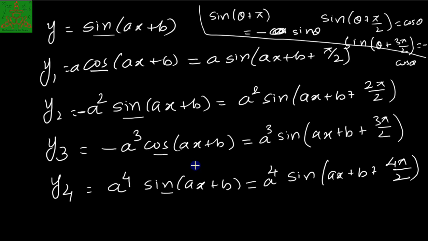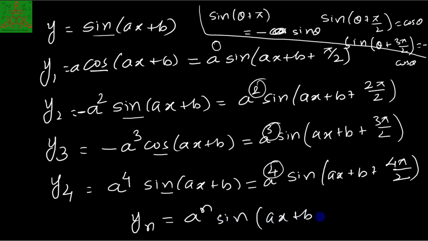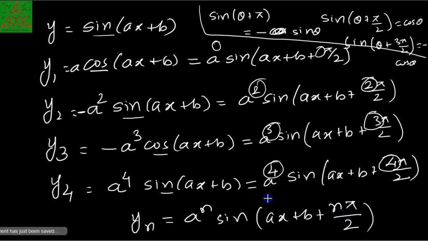You can observe that using this, the nth derivative of sine ax plus b is a power n, because it is power 1 here, power 2, power 3, power 4, and sine ax plus b is already there, plus pi by 2 for the first, 2 pi by 2 for the second derivative, 3 pi by 2 for the third, 4 pi by 2 for the fourth, so it is n pi by 2. This is the statement we can make: if y is this, then y_n will be this one, and the next task is to prove the statement.